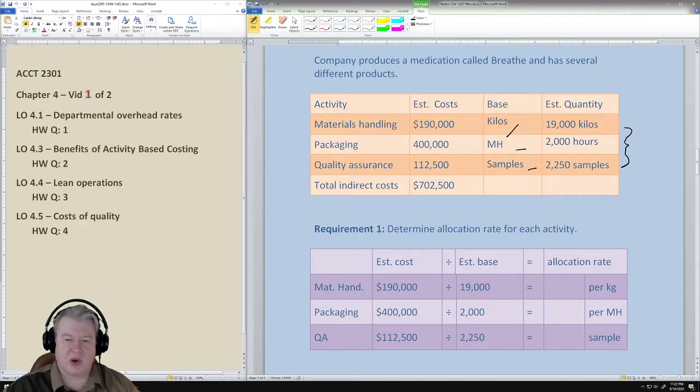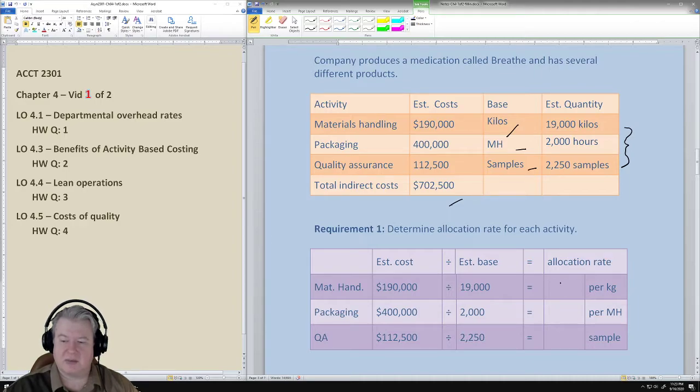So here we have the total indirect cost. This is sort of our total overhead. Well, rather than making me write these in, because they were given in the table above and not in the example, I've kind of already typed them in. But here we're saying, okay, let's just go through and figure out what the allocation rate is for each.